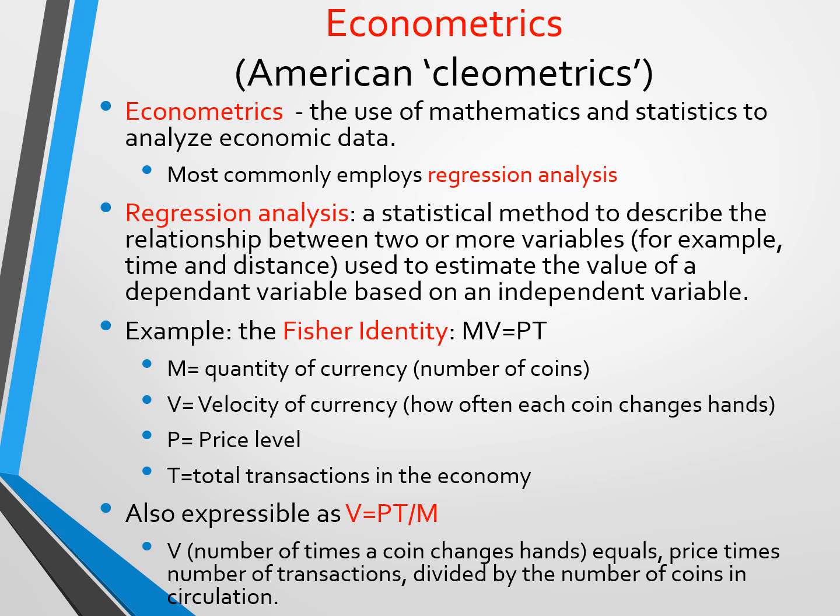So let's say, for example, something costs one zloty, so the price is 1 zloty, and you want to have 4 transactions, so P equals 1, T equals 4, but you only have 1 coin available. Then P times T, 1 times 4 equals 4, divided by 1, means that coin has to change hands 4 times. Your velocity will equal 4.